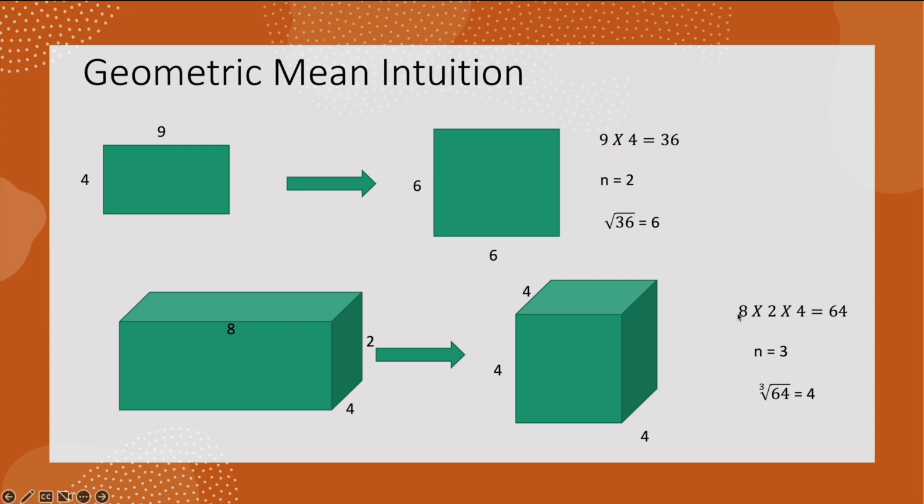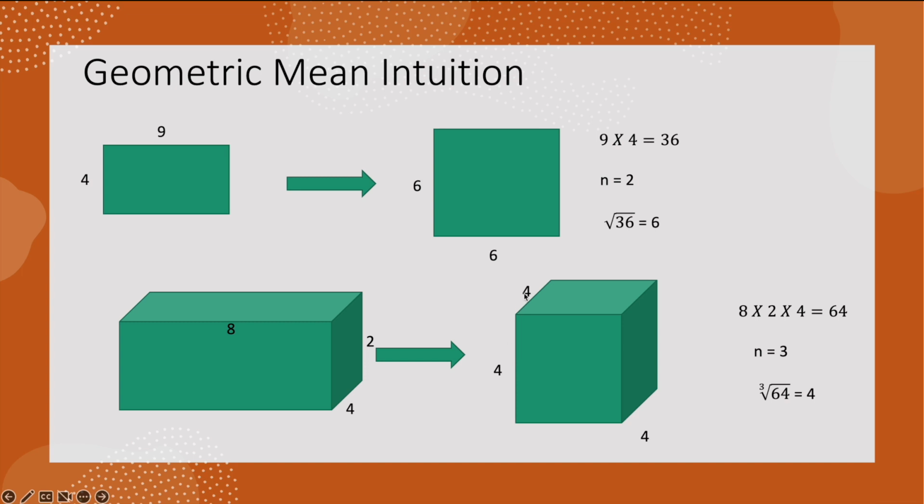So the volume of the 2, 4, and 8 cuboid is 8 into 2 into 4, LBH, 64. n is 3 because it is 3 dimensional. I have 3 elements to calculate, so I take the cube root of 64, which becomes 4.